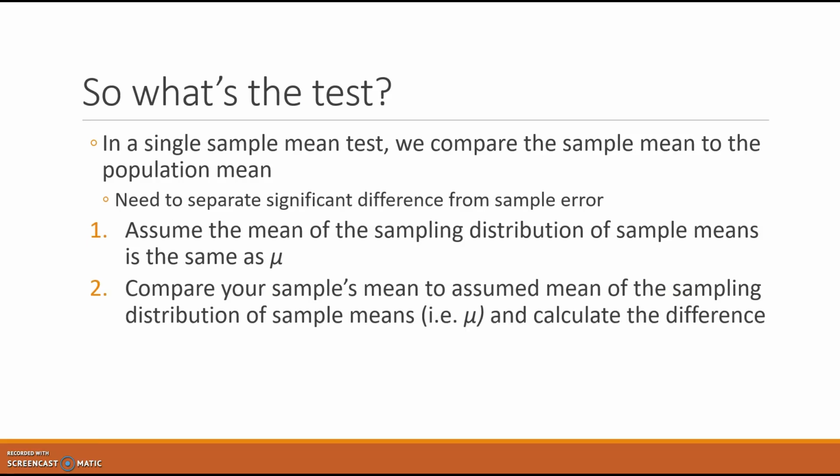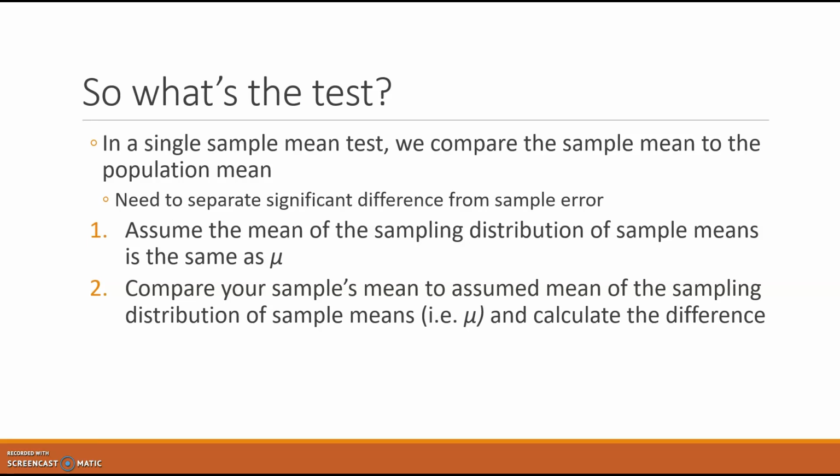Next, you're going to compare your sample's mean. You're going to compare those hybrid cars you pulled out of the population to the assumed mean of the sampling distribution of sample means. Trust me, it's easier to not have to read this out loud, i.e. the population mean. What you think the population mean is, and calculate the difference. What's the difference between the average of those cars that you pulled out of that particular group and the entire group?